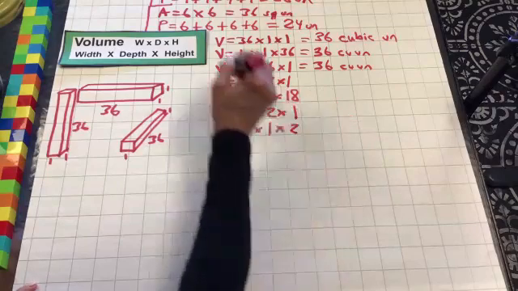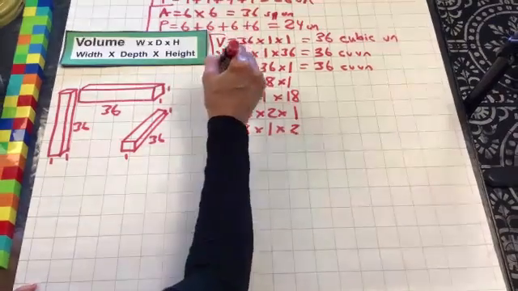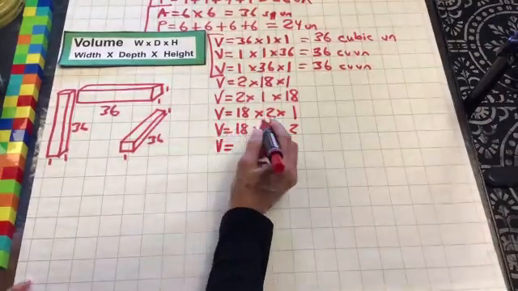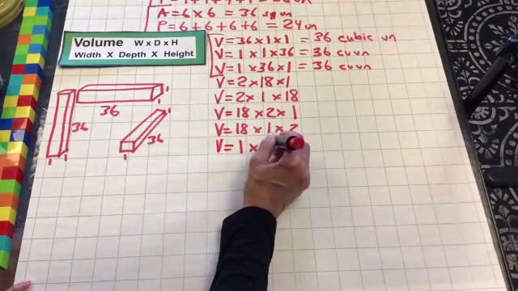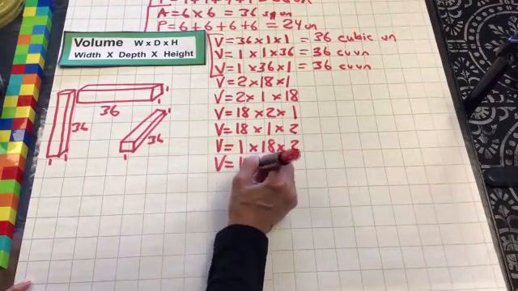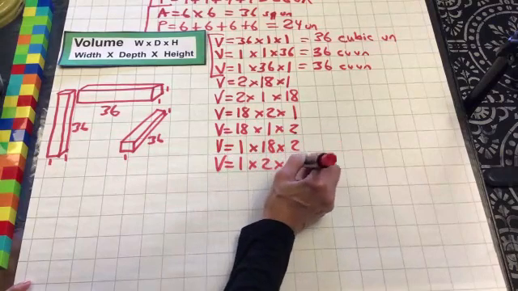All right. And then so this is one factor pair family. Now we're doing this factor pair family. One more. We're going to put the 1 first. 1 by 18 by 2 and 1 by 2 by 18.